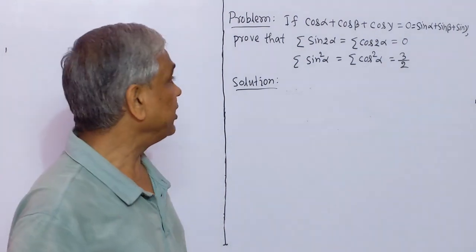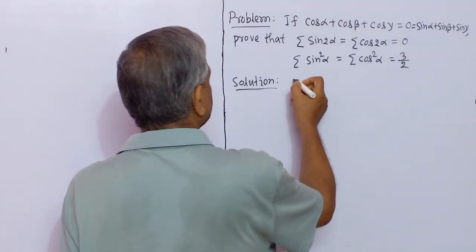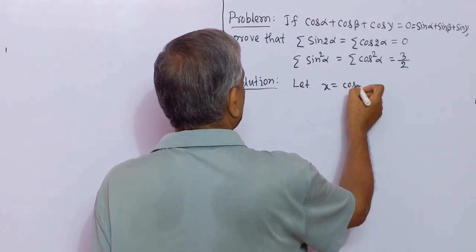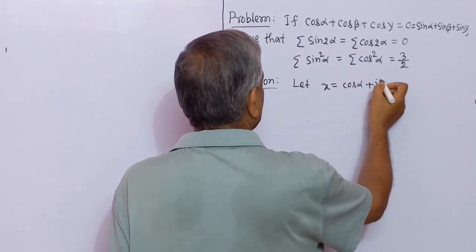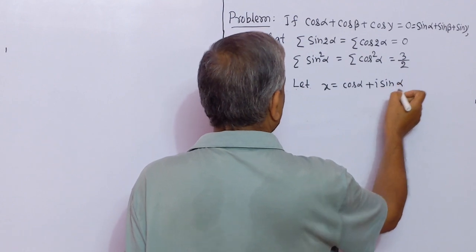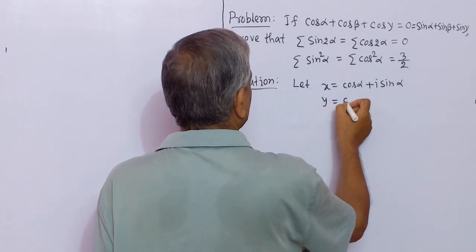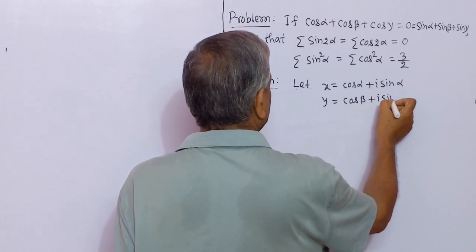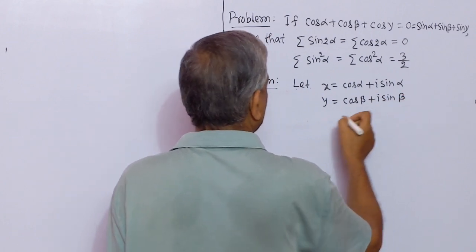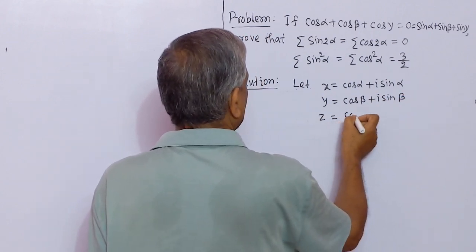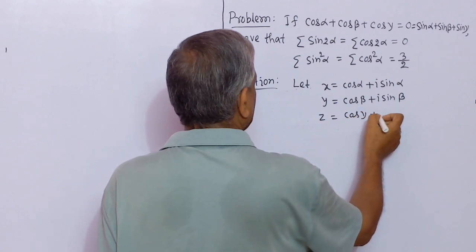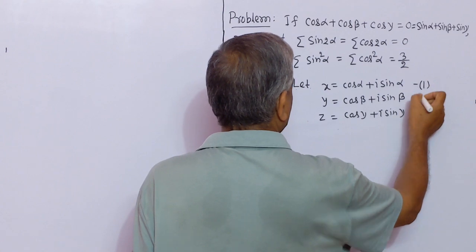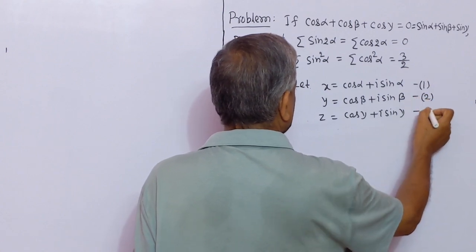Now we solve this. Let x equal to cos alpha plus i sin alpha, y equal to cos beta plus i sin beta, z equal to cos gamma plus i sin gamma. This is number 1, this is number 2, this is number 3.